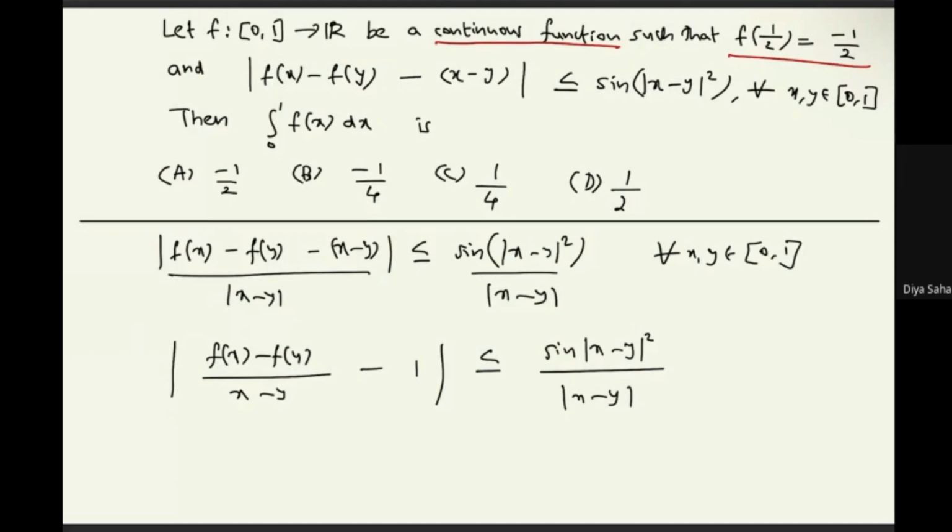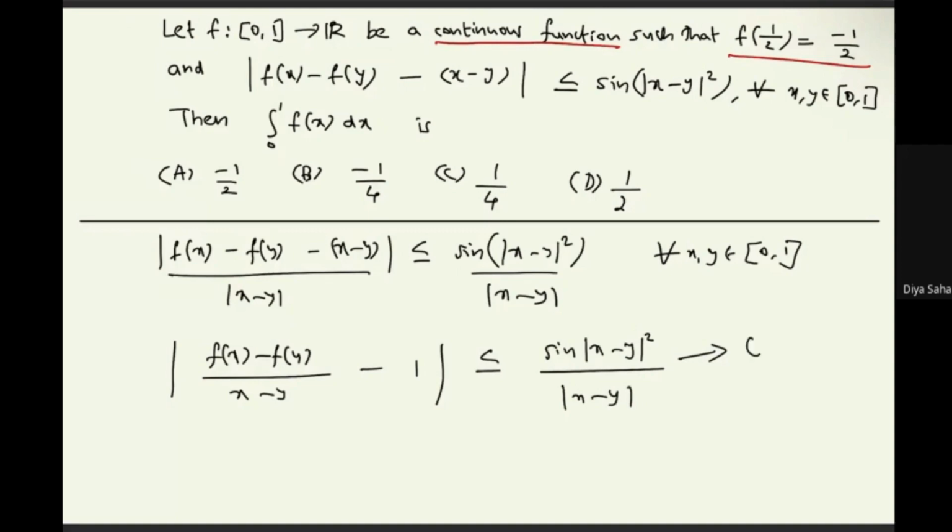Now again, you should be knowing what to do. Maybe you can write x tends to a or whatever. When you do the same calculation, what happens to the right hand side? This tends to 0, it will go to 0, as x tends to y. This time I am writing y because I don't want to write it again.